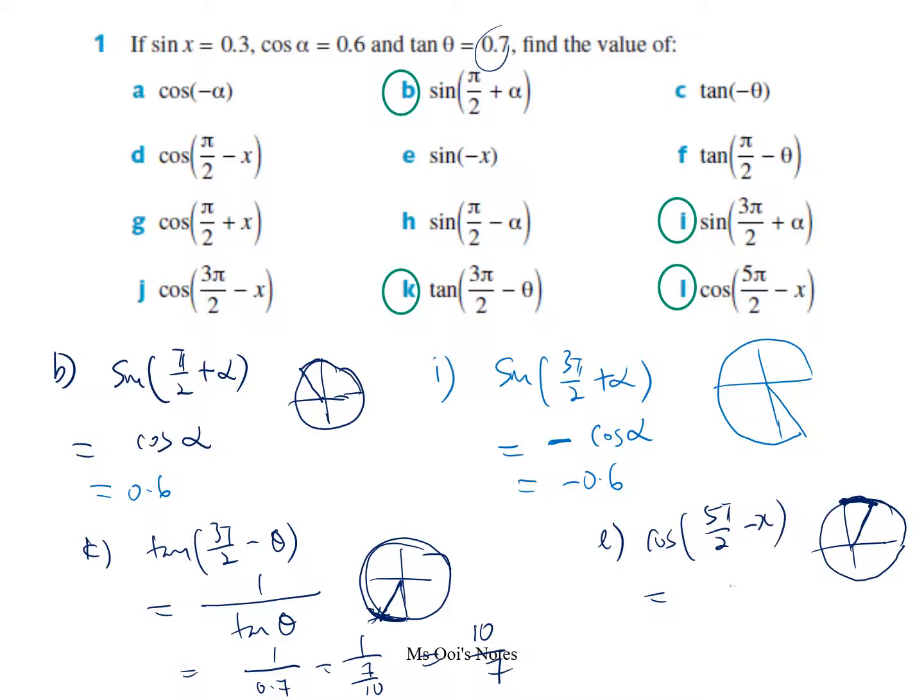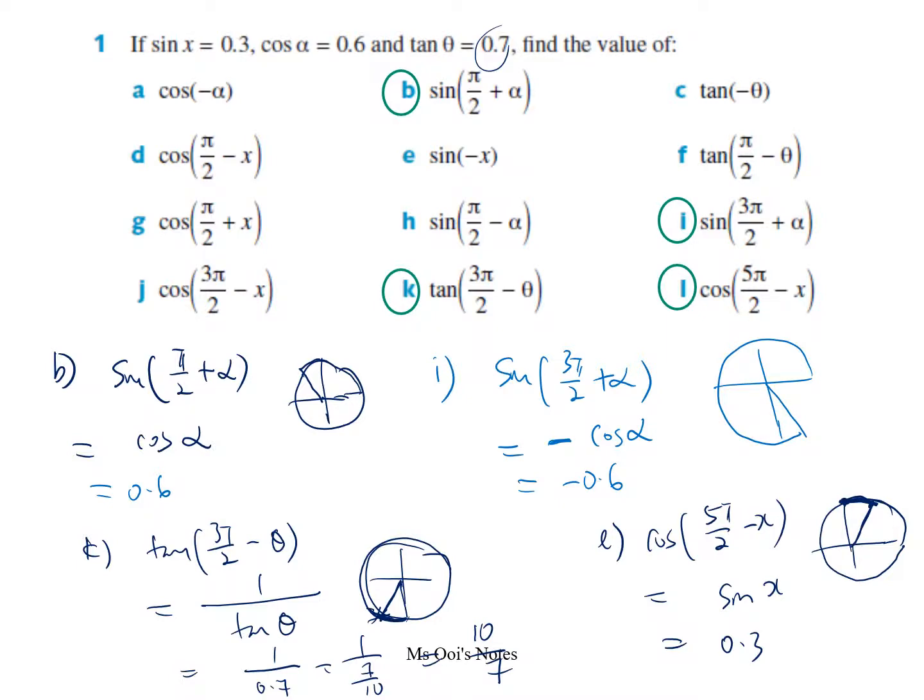So cos will become sine because it involves pi over 2. So sine of x, then it's a positive sign because cosine is positive in the first quadrant. So sine x is 0.3. Okay, that's all for this question.